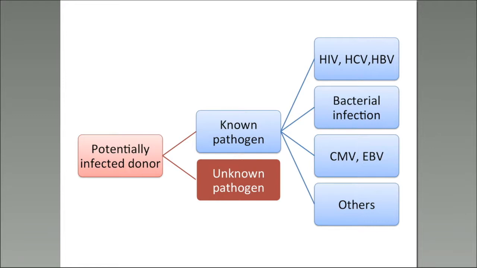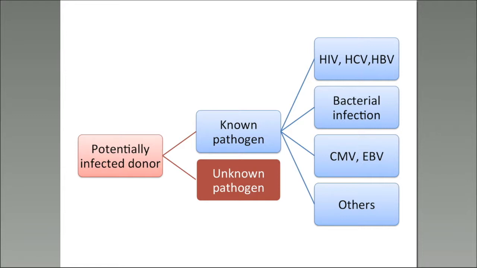But I just wanted to show on this slide that it's just one of many potential infections that can be acquired from donors. So I've just divided it here into the unknown pathogens, of which there have actually been many transmissions, especially unusual viral and a few unusual parasitic infections.